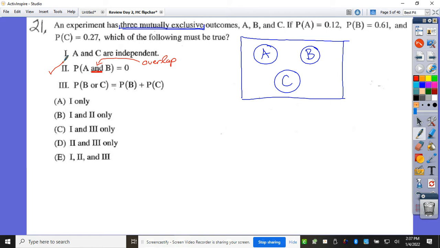Now, usually we associate "and" with multiplying, independent, dependent. We associate "or" with adding, subtracting, and mutually exclusive, not mutually exclusive. Just because it's a good place to discuss this. And again, if you have questions at any point, just stop me and I can talk about other things too.